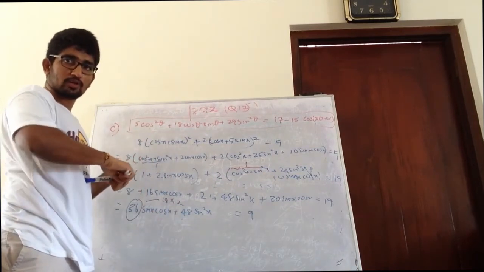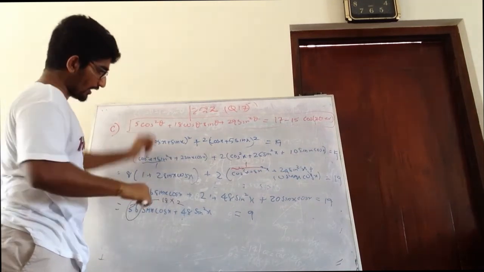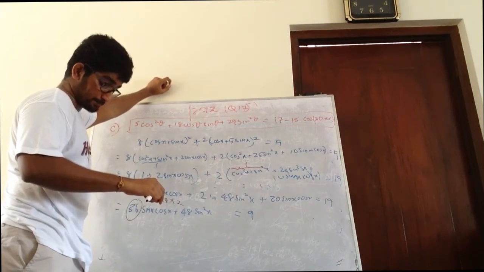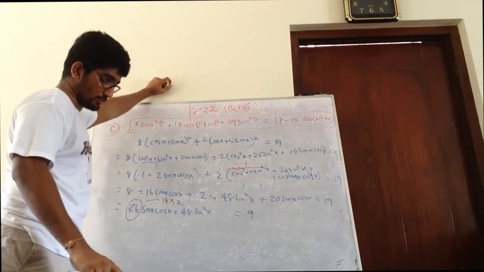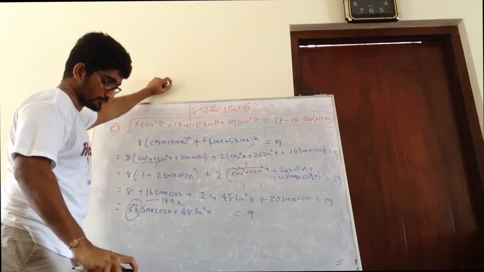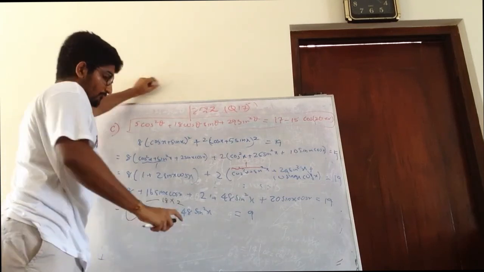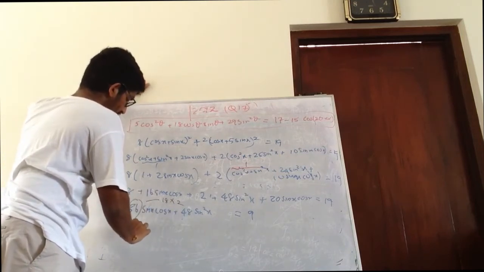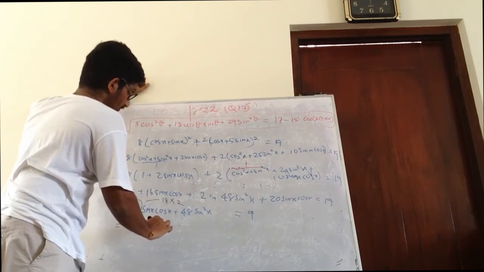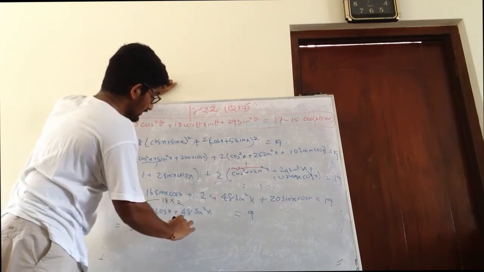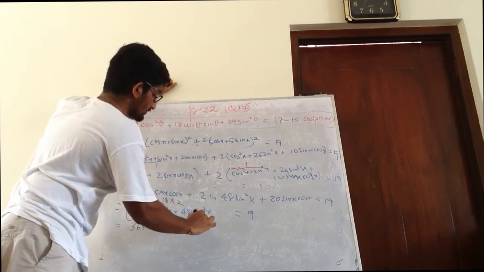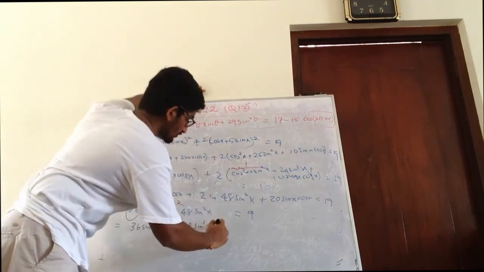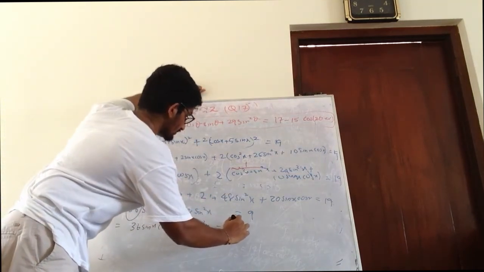Correct. So now this is 36 sin x cos x plus I'm going to make this 58 sin square x. That means I added 10 sin square x, so I'm going to reduce 10 sin square x.